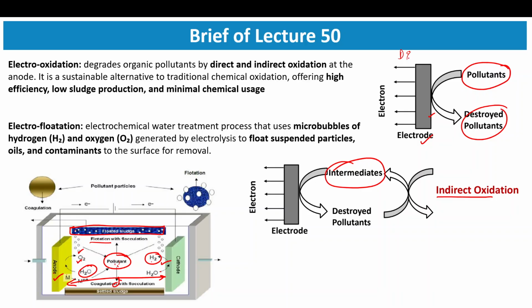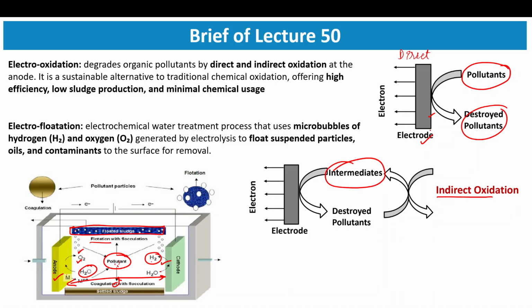Basically, what will happen is at the anode or at the electrode, you can have two conditions. One is direct oxidation, where the pollutant adsorbs on the electrode, and since the electrode has itself the tendency to oxidize, the pollutant gets directly oxidized to the final products.